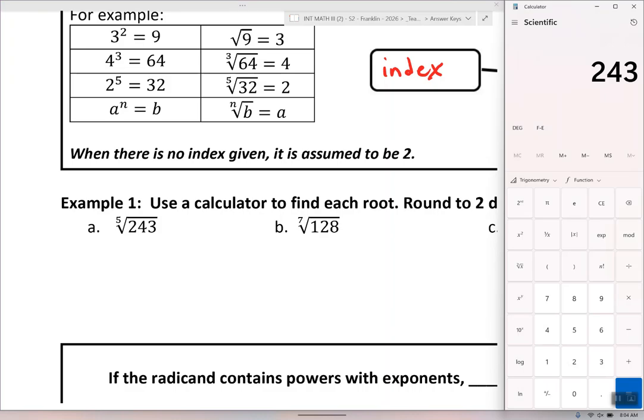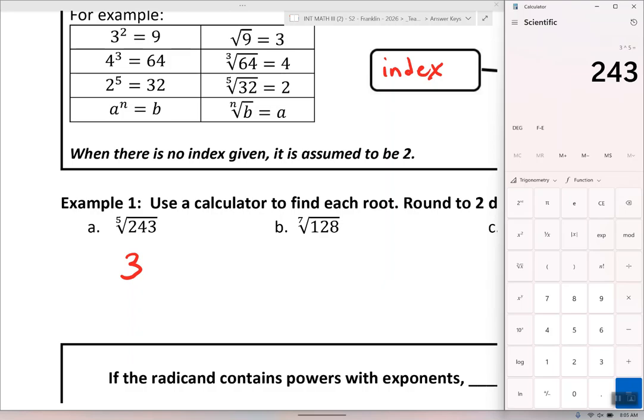I have to go into my second menu here. This y root of x button is what I want. I click that and then hit 5. So the fifth root of 243 is 3. And we can check that by doing 3 to the fifth.